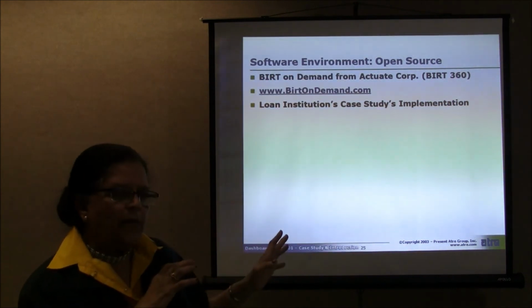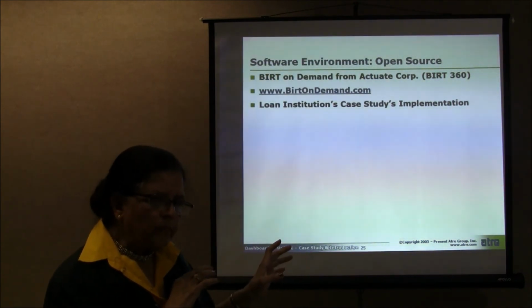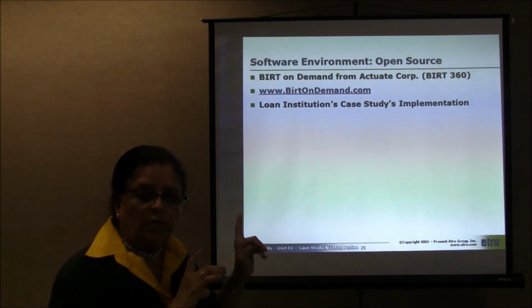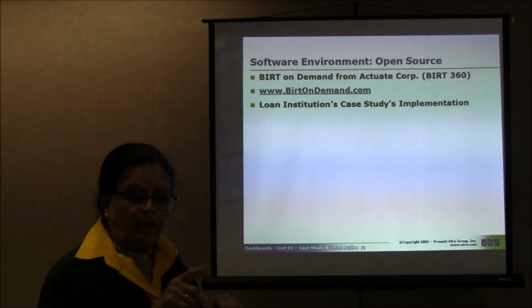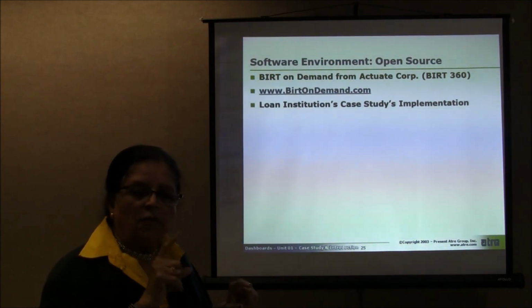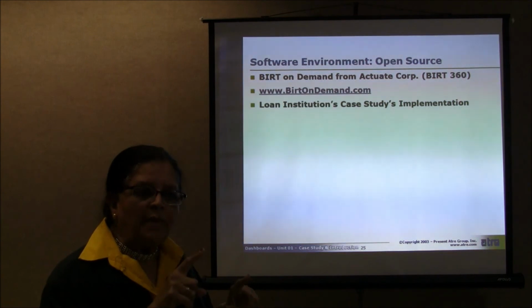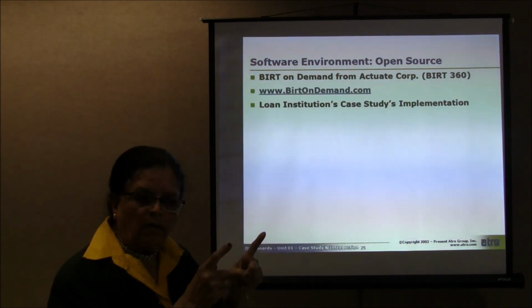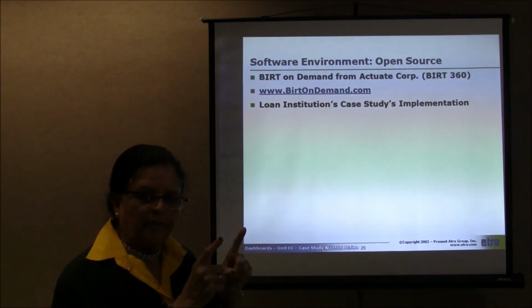So what I'm going to show you now will be covered in 1A. It will be covered in 1B, B as in boy, and 1C, C as in chair. In 1B, I'm using Actuate software, BIRT 360.